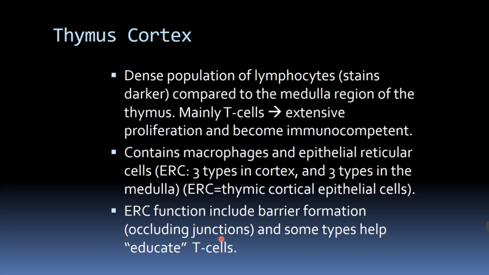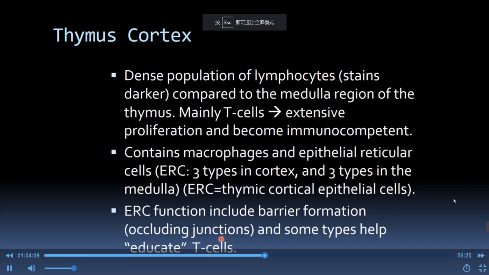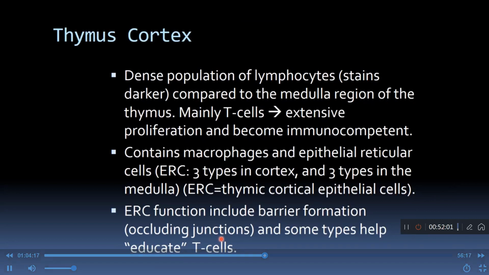You have to compartmentalize this organ, and we'll see that in a minute, and we'll see how that plays out. And so one way is to line all these vessels and line the walls of the cortex with ERCs. And these cells form a very protective barrier. And some ERCs also help with the education of the T cells, or the thymocytes. And we'll see how that plays out in a little while.